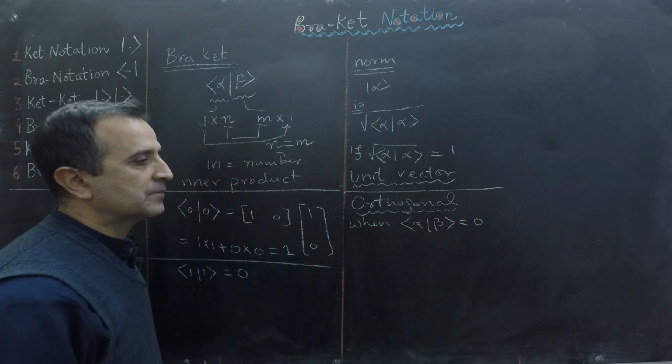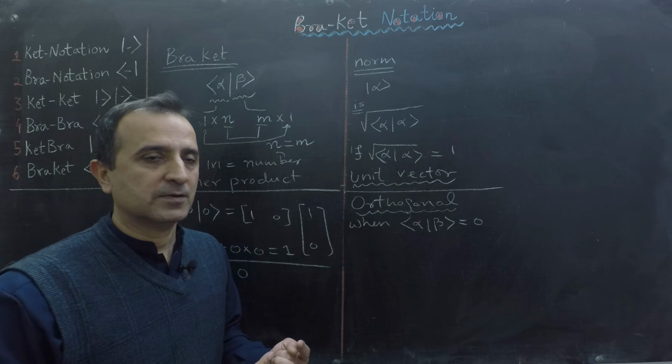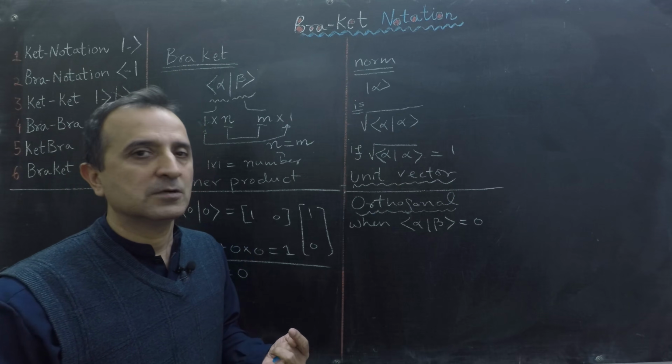For example, ket 0 is orthogonal to ket 1 because their inner product is equal to 0.